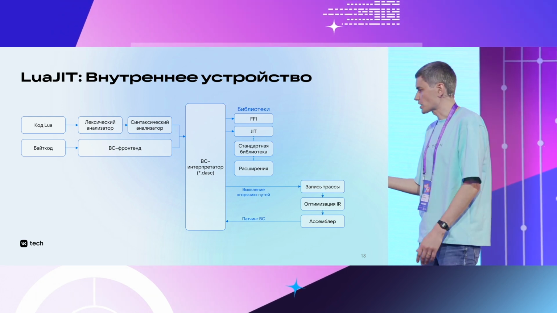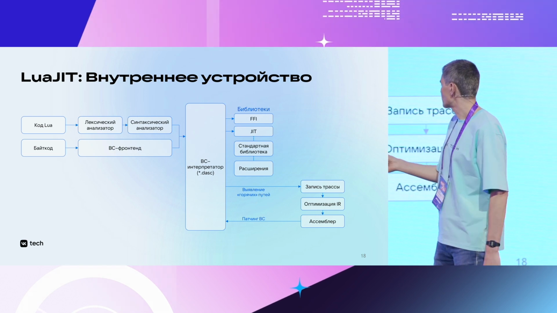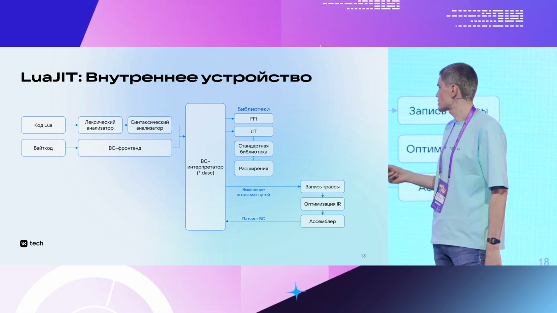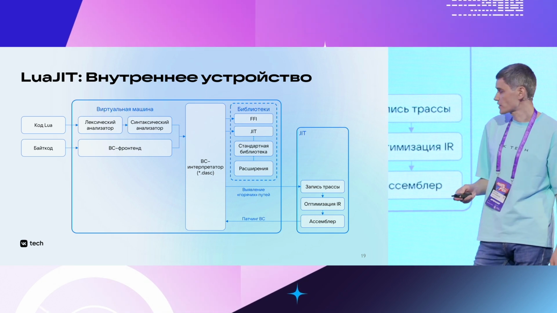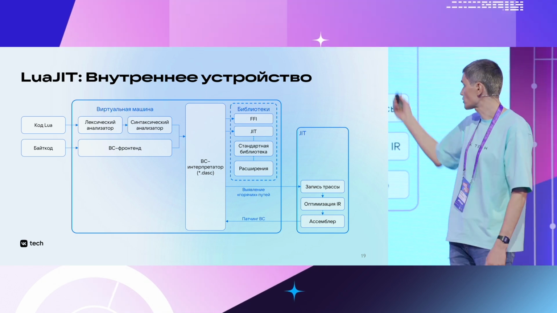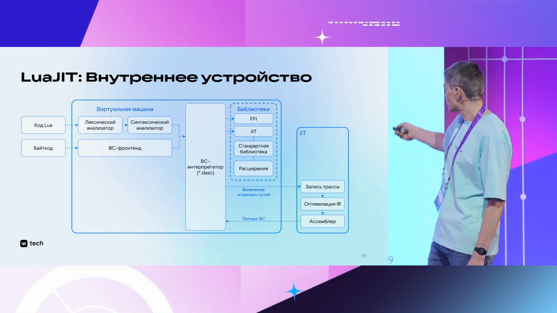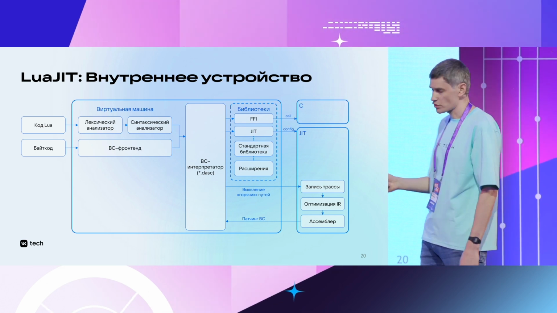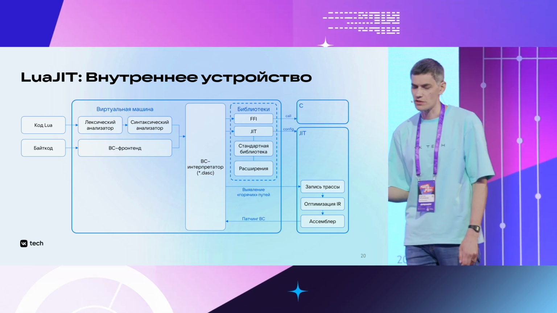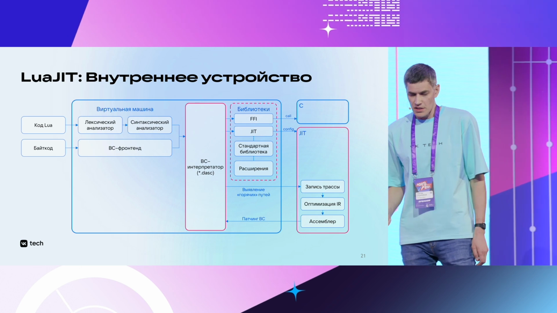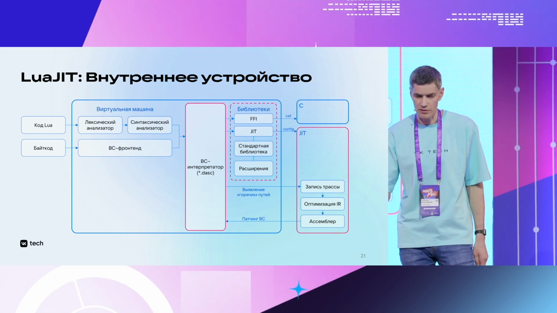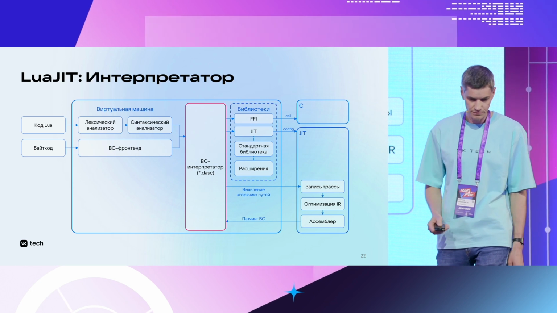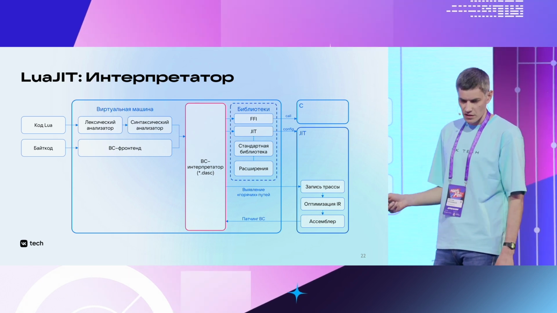There are libraries to supplement it: JIT compiler, standard library, FFI to get integrated with C, and some extensions. So there is the VM, the compiler, and this other bit that's responsible for C integration. We'll focus on the interpreter today, the standard libraries, and the JIT compiler.